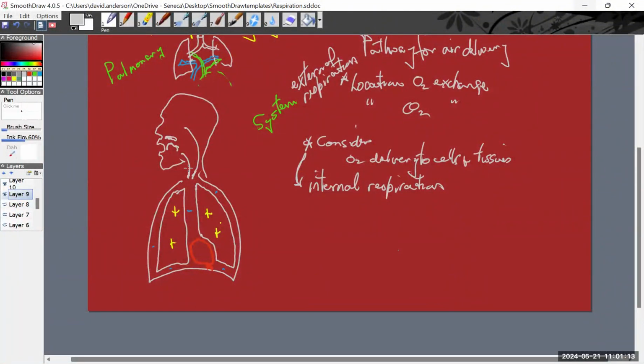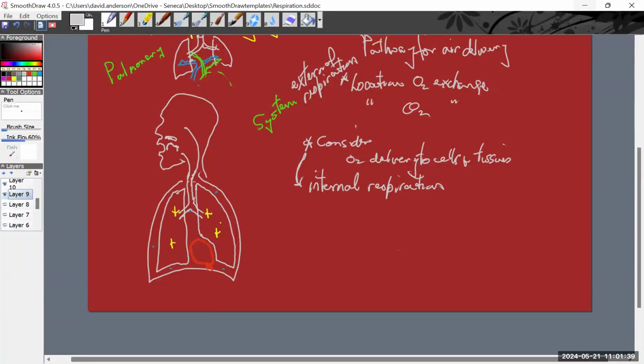But because the airway is always open, there's always a potential for food to get into the airway. And most of us have experienced that before. We know what that feels like, right? We start to cough because food is not supposed to get in the open airway. But this airway would continue down between the two lungs and then branch off into the two lungs.